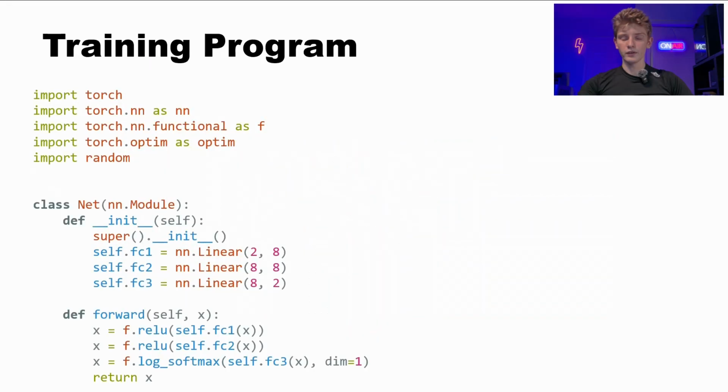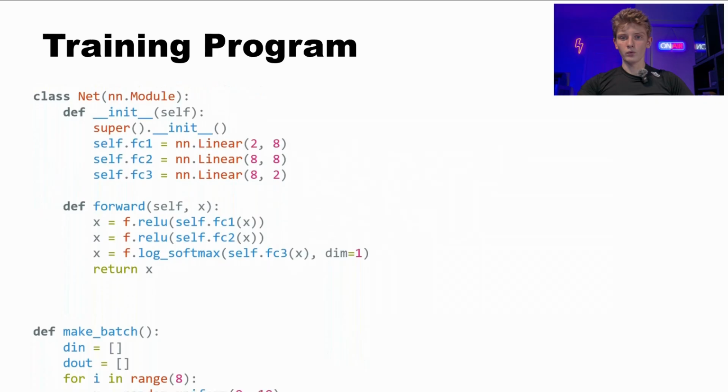So this first program, this is where we'll be training our model and then saving it. You'll see most of it is the code that we covered earlier. We have the definition of our very own neural network class with the structure that we defined.